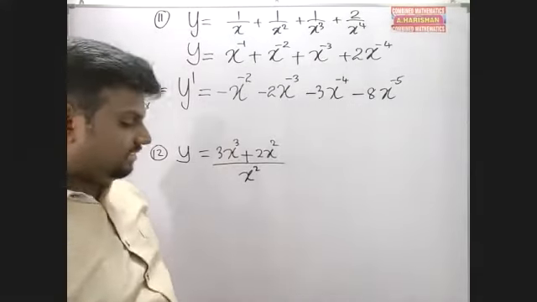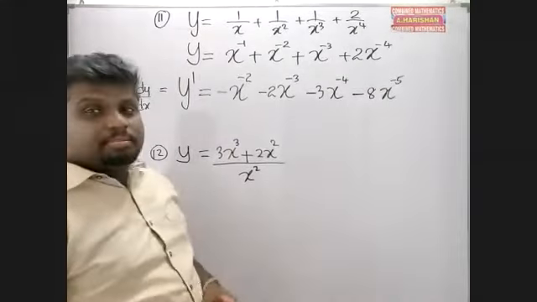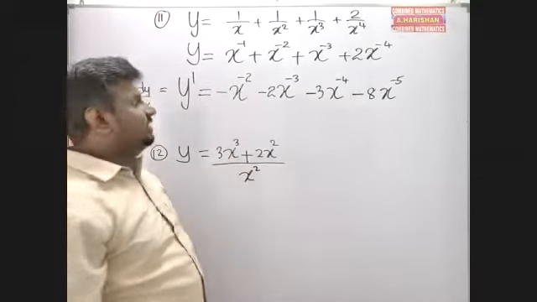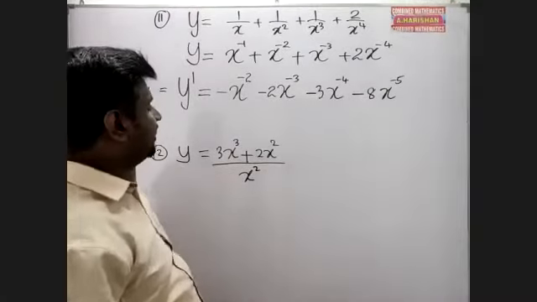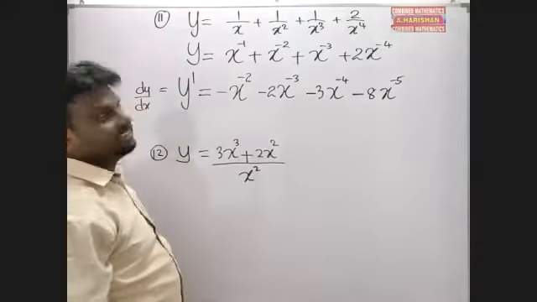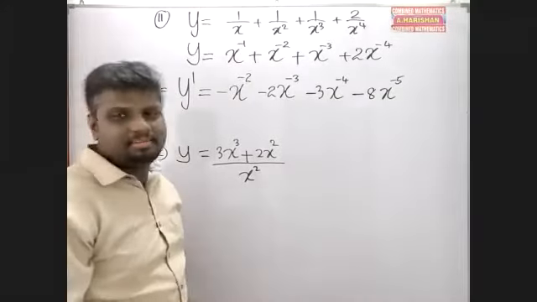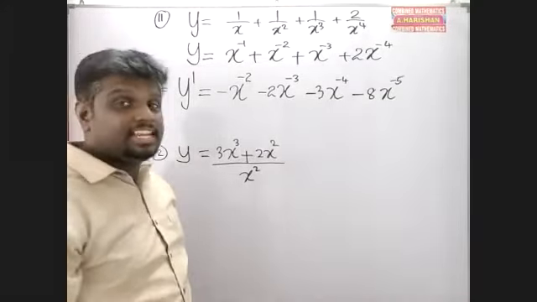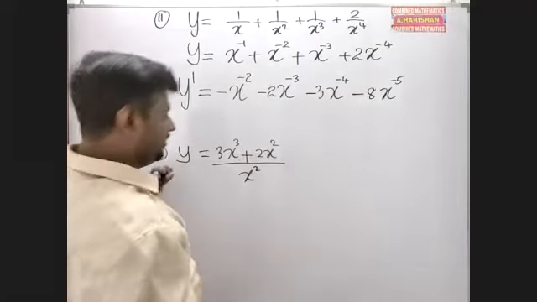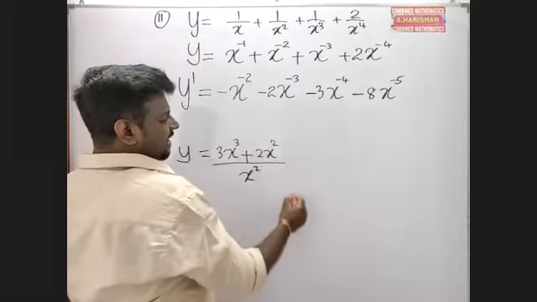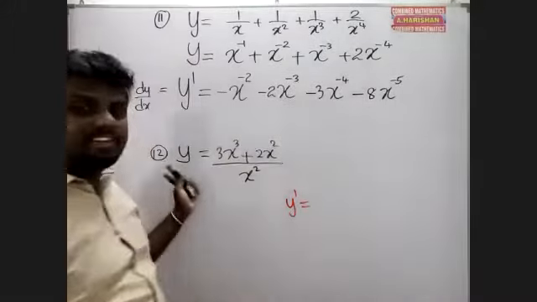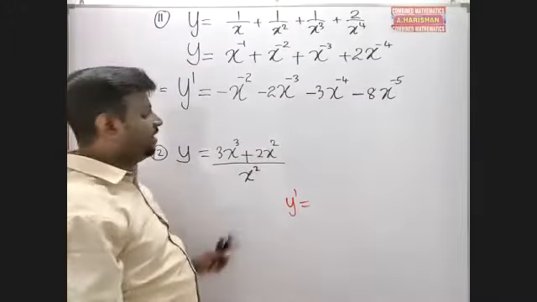What about this one? I'm going to write one student's answer, a similar question's answer. First, tell me whether it's correct or not. So one student, what he has done, is y prime, dy by dx.